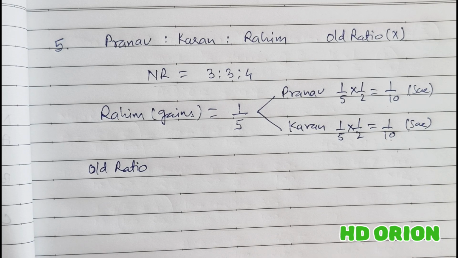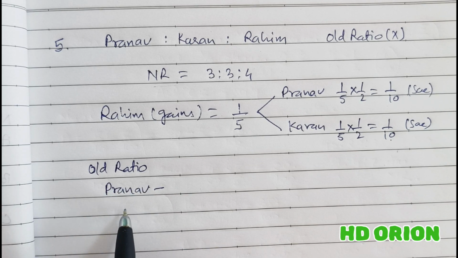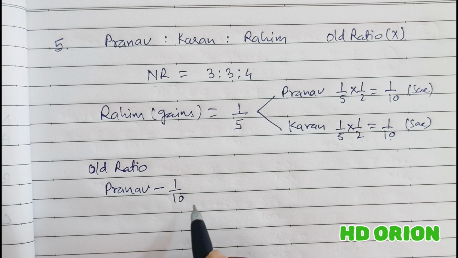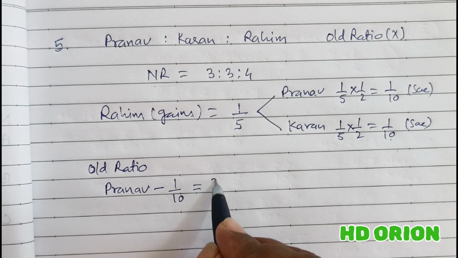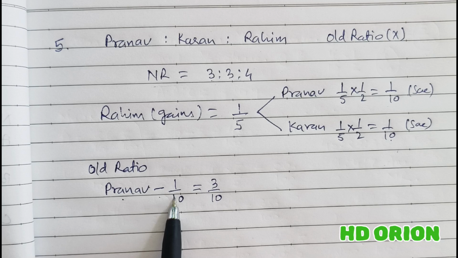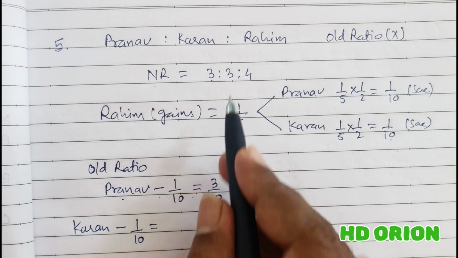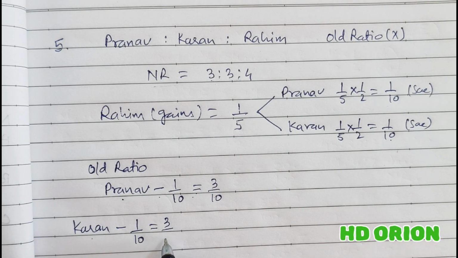Whatever might be the old ratio of Pranav, out of this old ratio, 1/10 is sacrificed, and now the new ratio has become 3/10. So old ratio minus sacrificed portion is equal to new ratio. Similarly for Karan, old ratio minus sacrifice is equal to new ratio, that is 3/10.